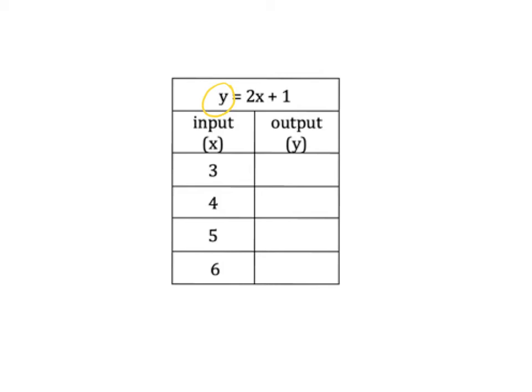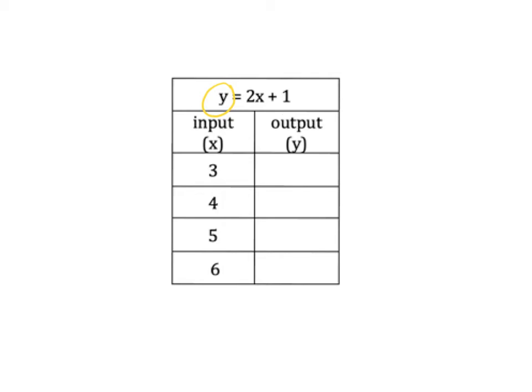So for instance, if I'm looking at this particular equation or rule for my input-output table, I see that two things are happening to x. The first thing is the x is being multiplied by 2, but then after that, there's one more thing that happens. Then we add 1. So x gets multiplied by 2, and then we add 1.